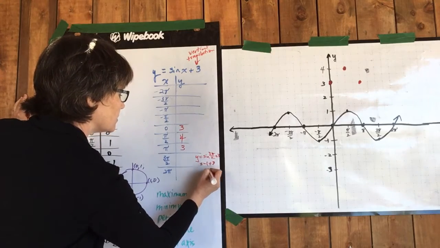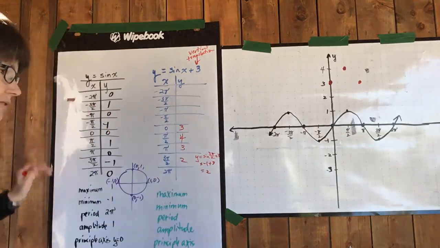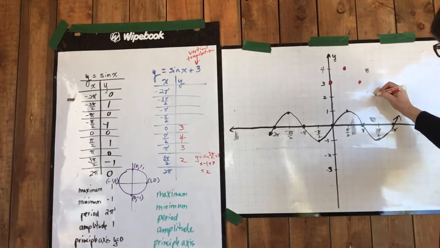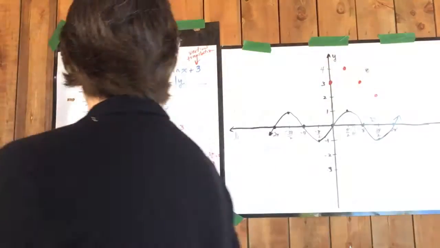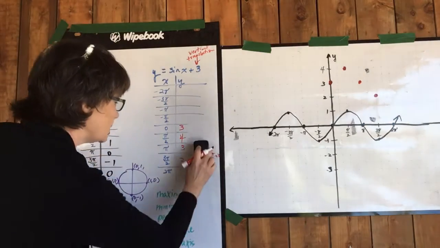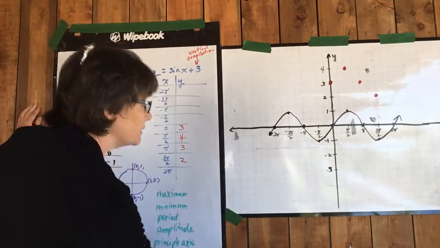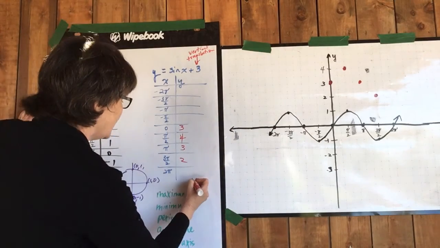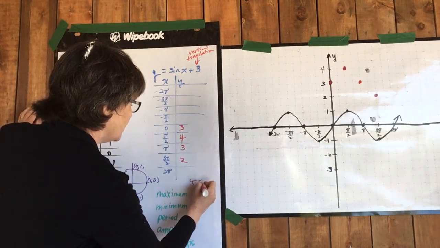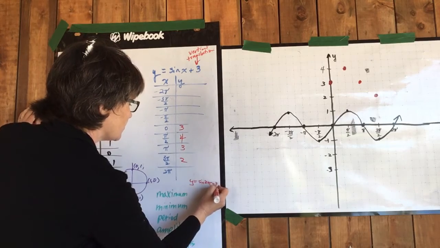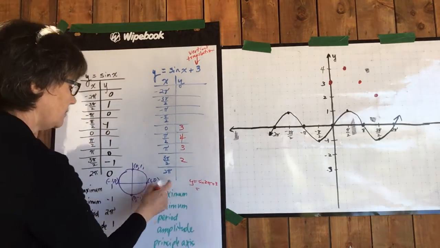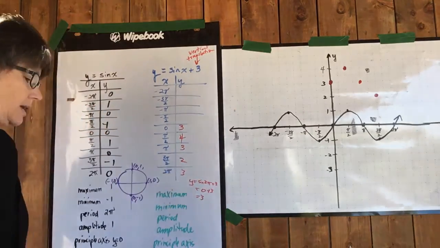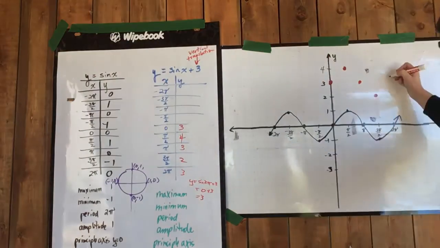Negative 1 plus 3 is 2. So we have 2 here. 3 pi over 2 and 2. You can kind of see what's going to happen next, I think, based on the pattern that is evolving with that red graph. 2 pi, so y equals sine of 2 pi plus 3. Sine of 2 pi, all the way around, is 0 plus 3, which is 3. Okay, so 2 pi and 3.